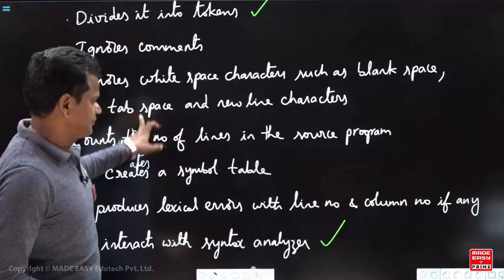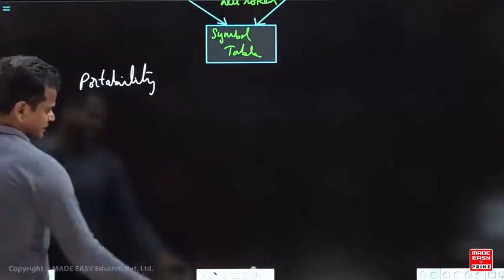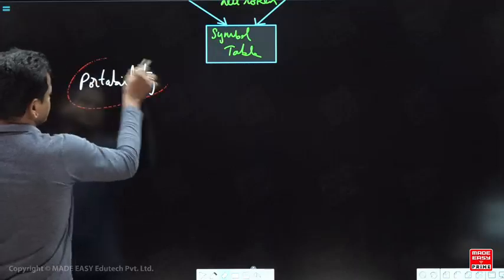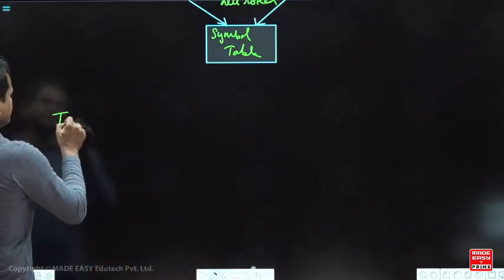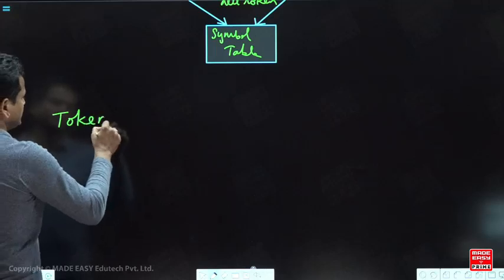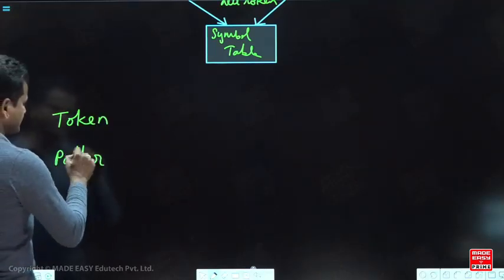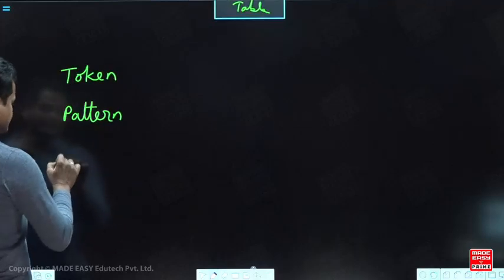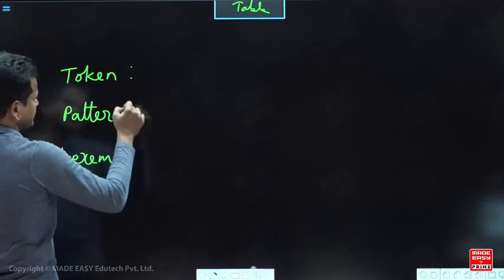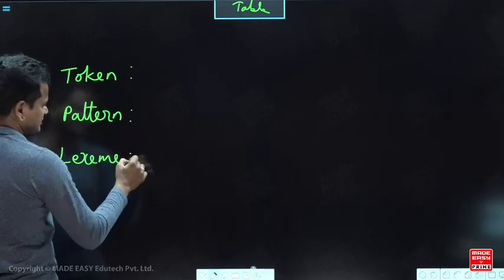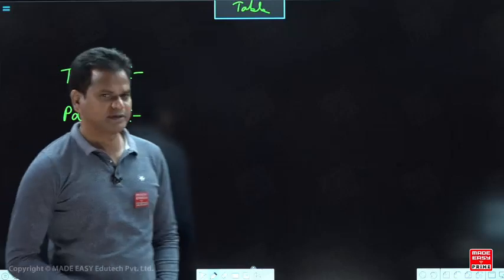So the terminologies we use in lexical analysis are token, pattern, and lexeme. Somebody asked yesterday what token, pattern, and lexeme are. At that time I didn't respond.